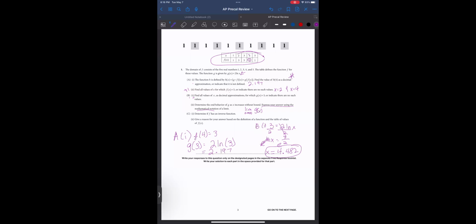So remember, if I draw my little graph of an ln, which is the log function, it looks like this, right? And you have your graphing calculator on this test, on this question, so you can just graph this.